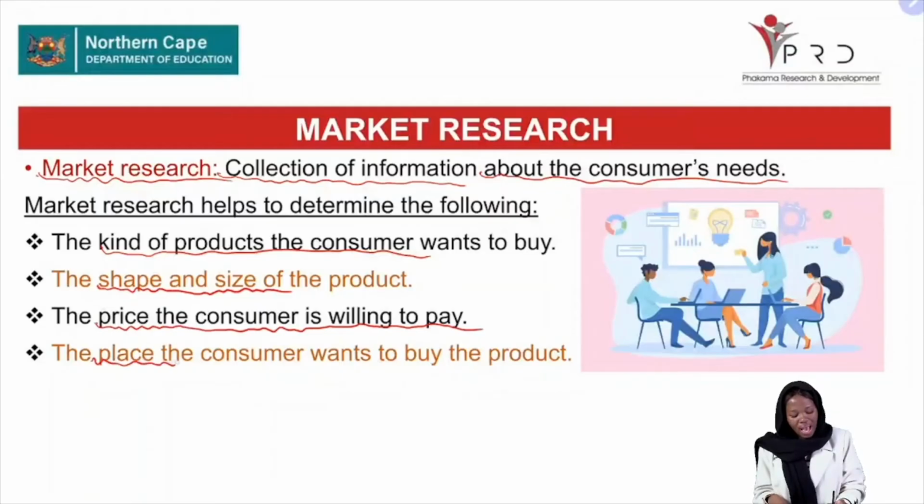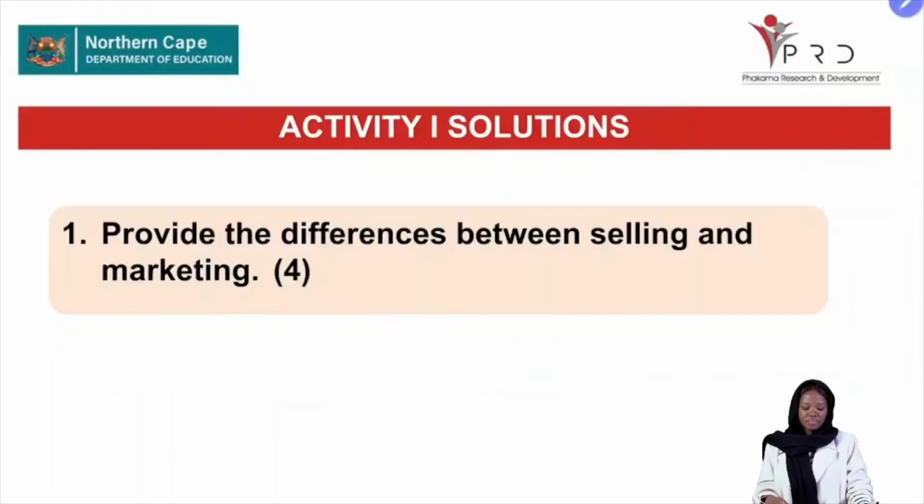You need to ask them about the place where the consumer wants to buy these products. Is it going to be supermarkets, or at the farm? You need to collect all this information so you can implement your marketing mix that consists of all the 4 P's: the product, the price, the promotion, as well as the place.